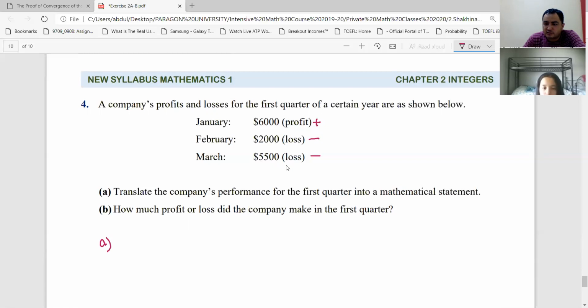So mathematical statement: he made some profit in January and a loss in February. Profit means plus. Money is coming to your pocket, right? Loss means you are spending money from your pocket. So that is 6,000, you earn, and minus 2,000, you lost, minus 5,500. If you simplify this, that is 6,000 minus 2,000, 4,000. What is 4,000 minus 5,500?